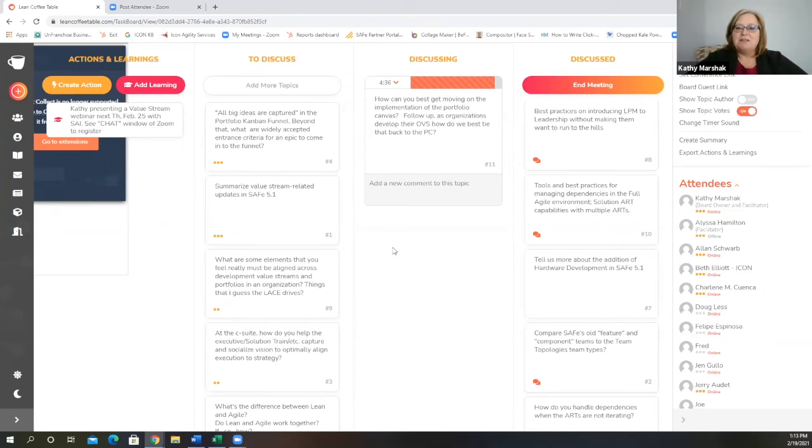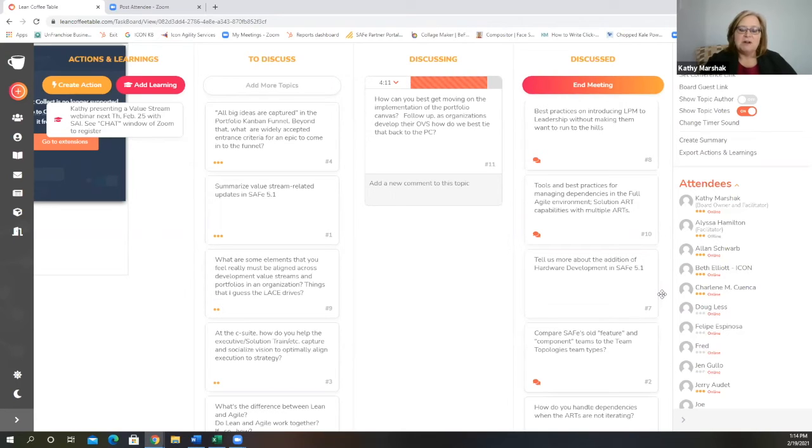So how can you best get moving on the implementation of the portfolio canvas? So here's my advice. And as you develop your operational value stream, how do we best tie back to the portfolio canvas? Great question. So I like to start with, where are we today?